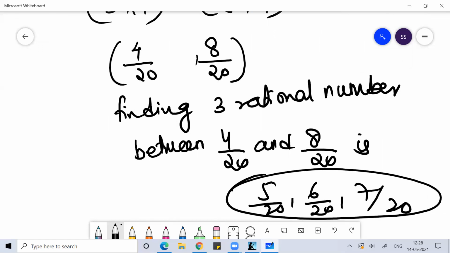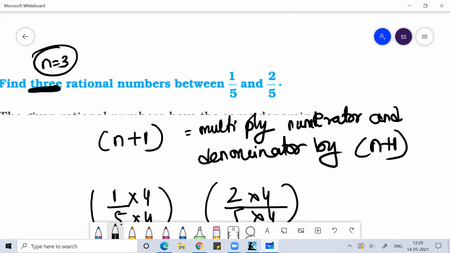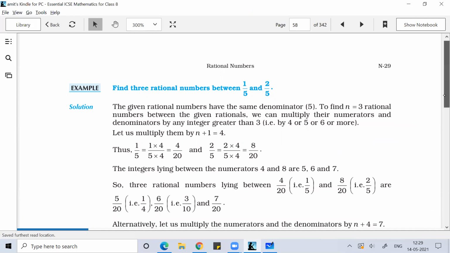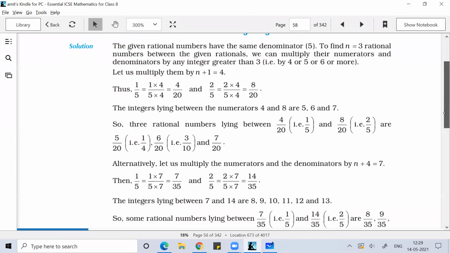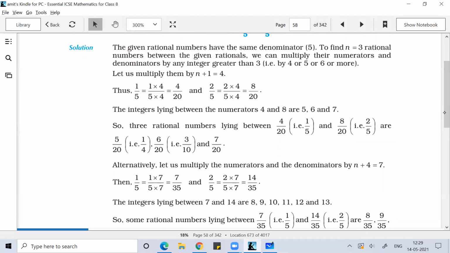Anyway, you will get the same answer. Here you multiplied by n plus 1; you could have multiplied by n plus 2 or n plus 3. It doesn't matter, your answer will not be impacted. They have given this method, so we are simply doing it by that method. You can read this explanation.